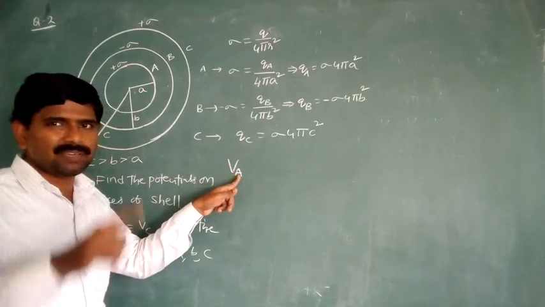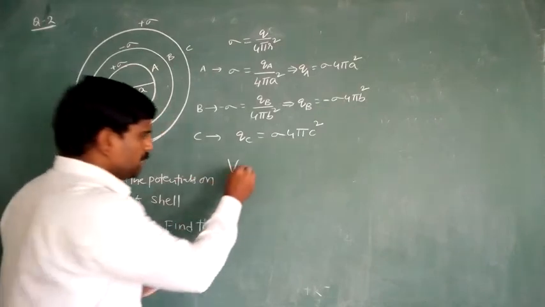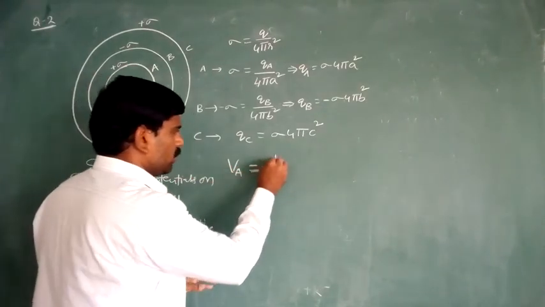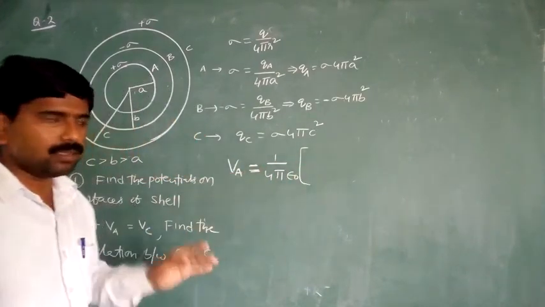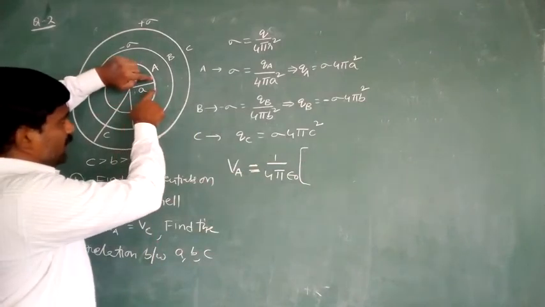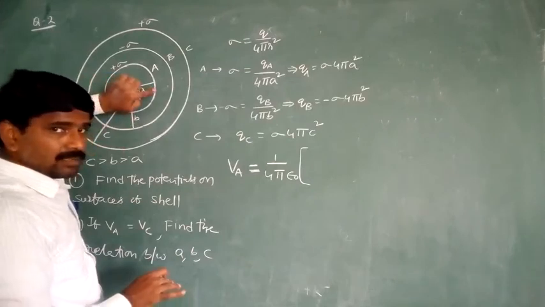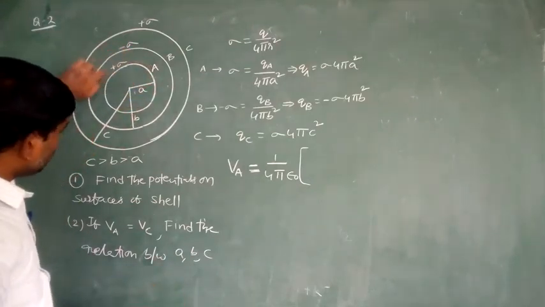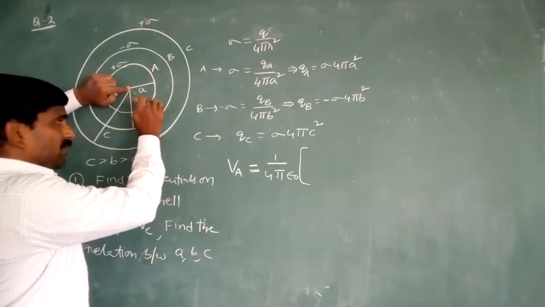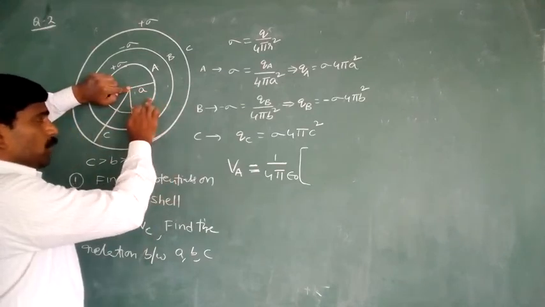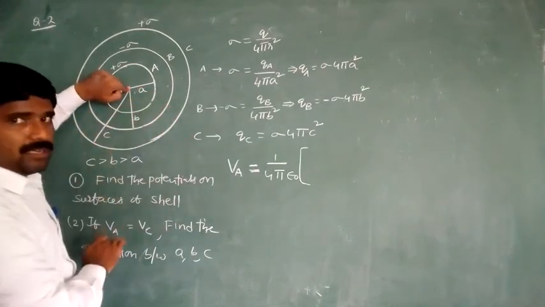It is equal to 1 by 4 pi epsilon naught, that is a common constant. Potential on the surface of the first shell is equal to potential due to the first shell, plus potential due to the second shell, plus potential due to the third shell.